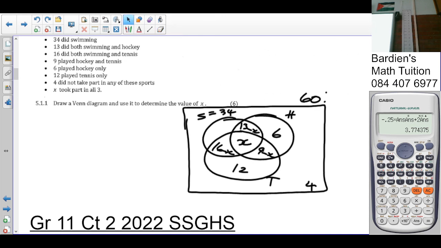Okay. So the question says, draw a Venn diagram and use it to determine the value of X. You must solve for X. Before we can go anywhere, we know that this here adds up to 34. Those parts. They didn't tell us swimming only. So we know that all of this adds up to 34.